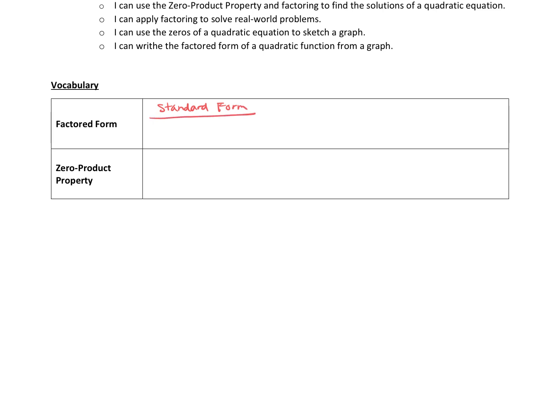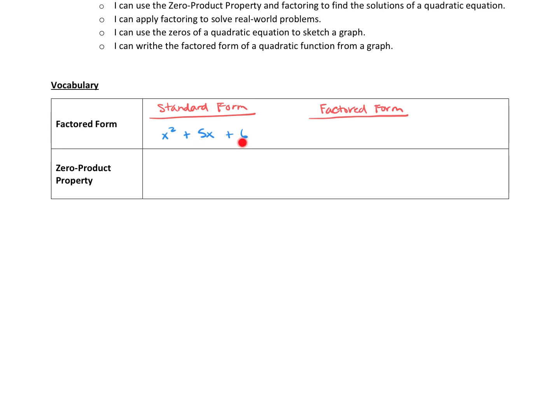So that could be, let's say, x squared plus 5x plus 6. So that's standard form, your ax squared plus bx plus c. Factored form is when we factor this standard form. So just a quick reminder, when we have these trinomials with just the x squared as our first term, we're going to find factors of 6 that add up to 5.